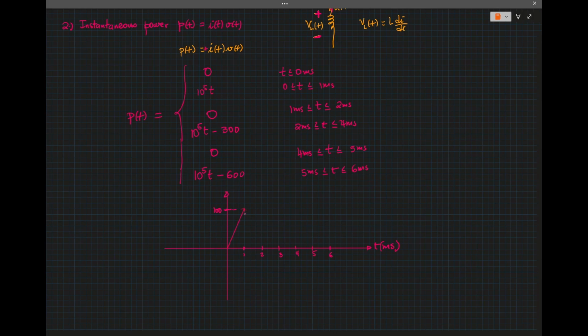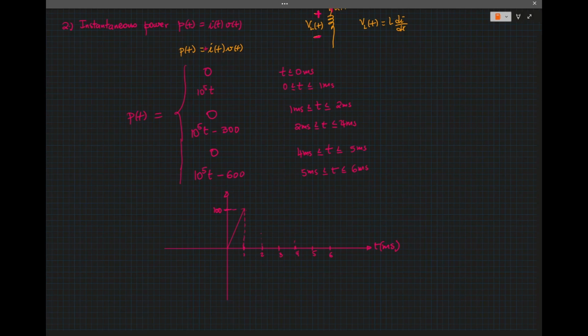So then it becomes 0 between 1 and 2, and then between 2 and 4 it's a straight line.